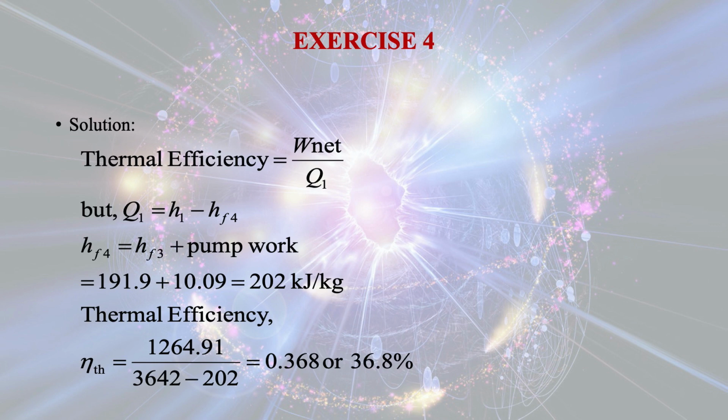So if you put the values of W net and Q1, you will get the thermal efficiency for this case equal to 0.368 or 36.8%. Now we will take up the last problem.